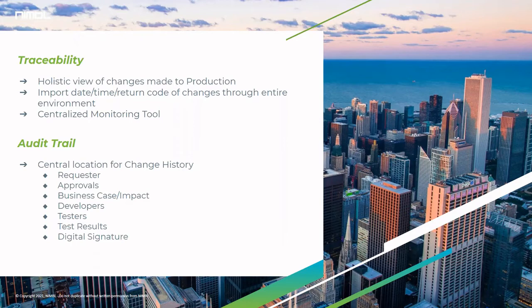They can upload their test results right to the document. We can also integrate with those test tools that I mentioned before, which are part of Solution Manager, so our test suite. And we also can incorporate a digital signature, which we have done for a couple clients that are FDA regulated and need to have a digital signature process.